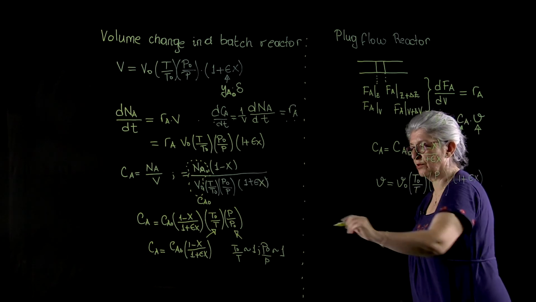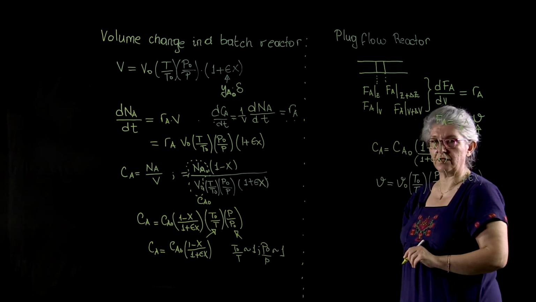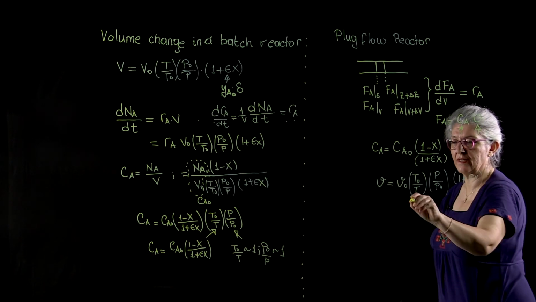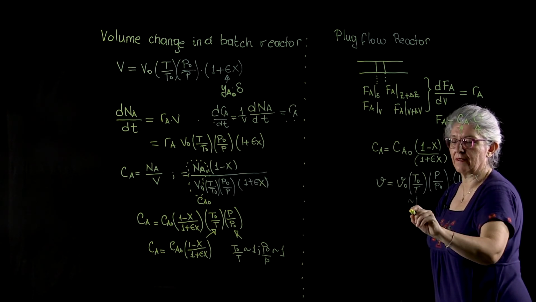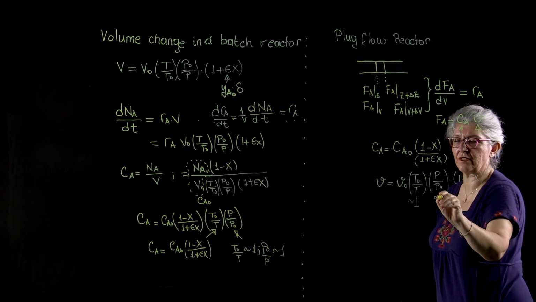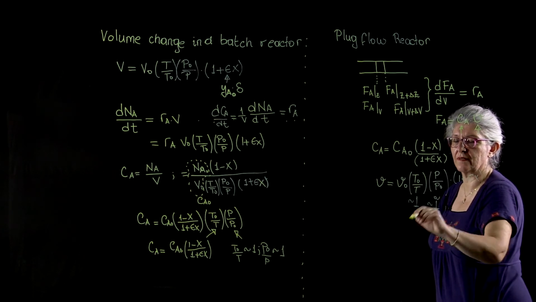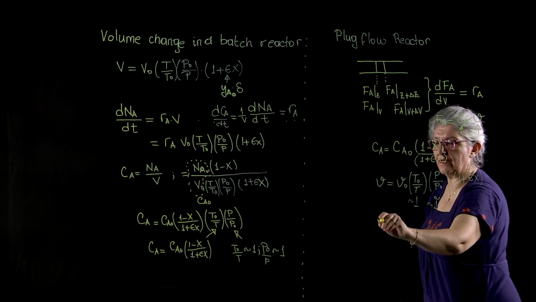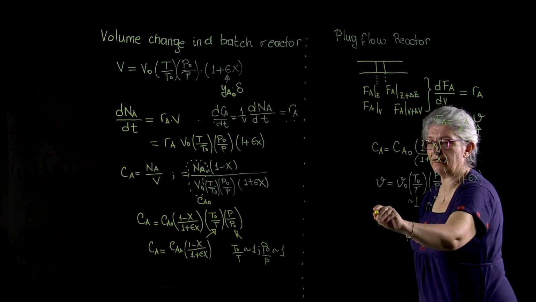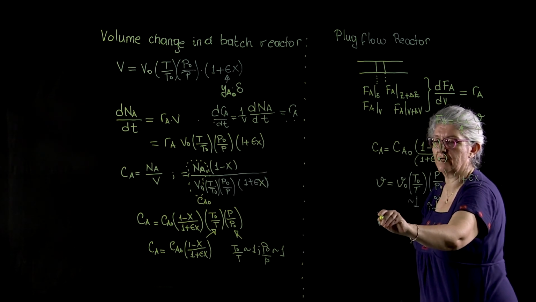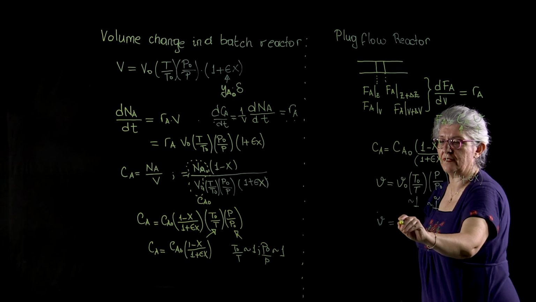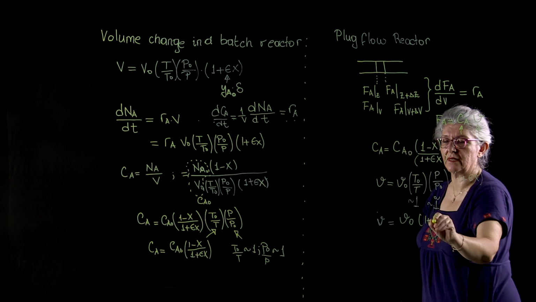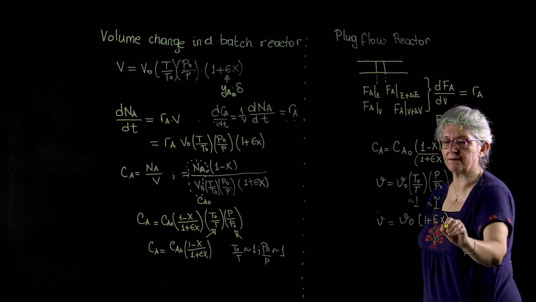Again, we are going to approximate for the conditions where temperature change and pressure change can be approximated to 1. V, volumetric flow rate at any position in this reactor, is going to be V0 times 1 plus epsilon x.